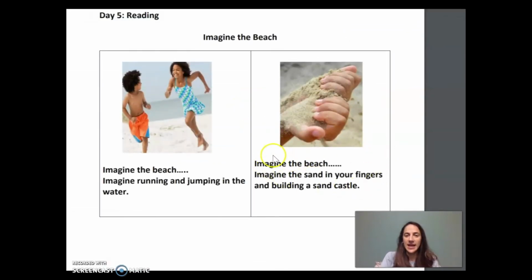Let's read this again. Imagine the beach. Imagine the sand in your fingers and building a sand castle. How can we use this to help us? Let's see. I want to start, I imagine, it says the sand in your fingers and building a sand castle.